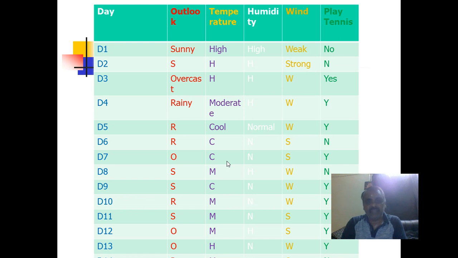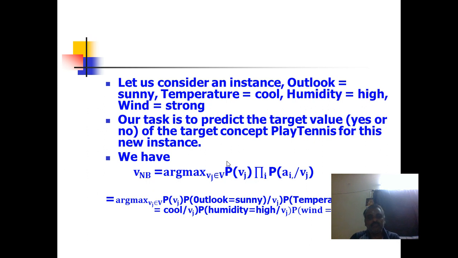Temperature can take high, moderate, and cool. Humidity can take high and normal. Wind can be weak or strong, and the person may play or may not play. That is the classification. The target values are yes and no.